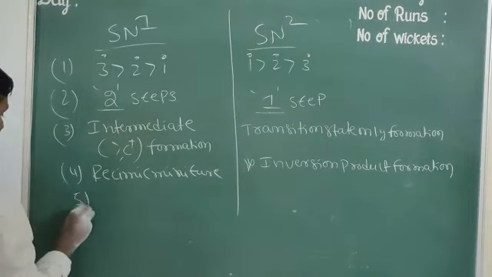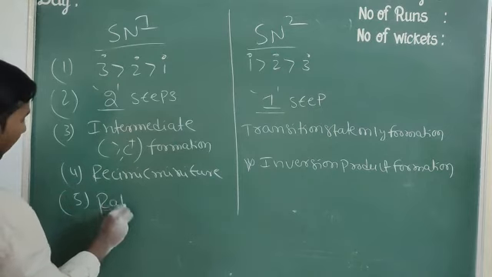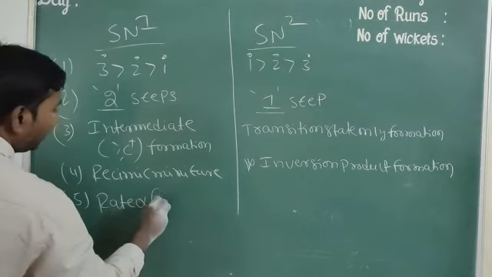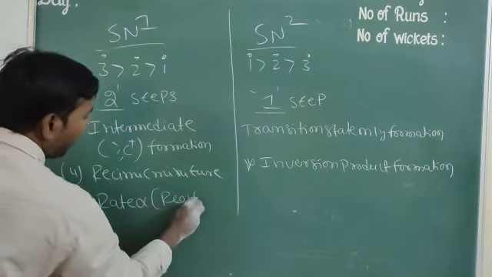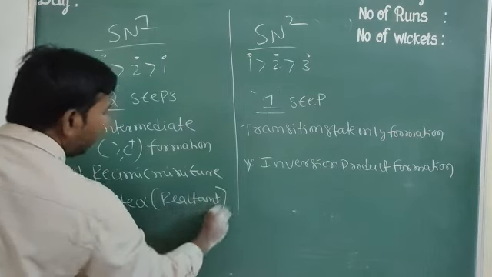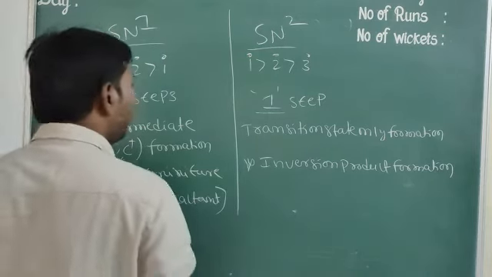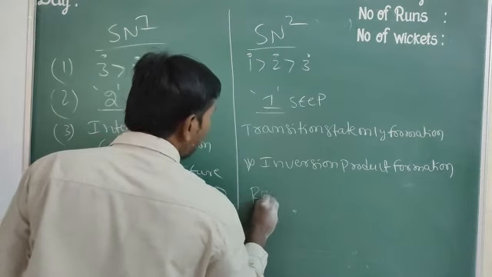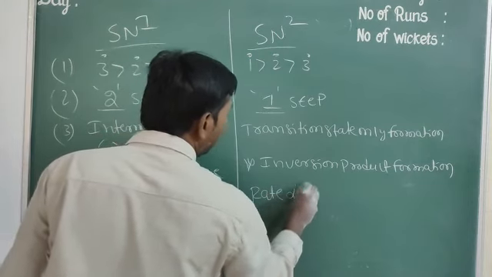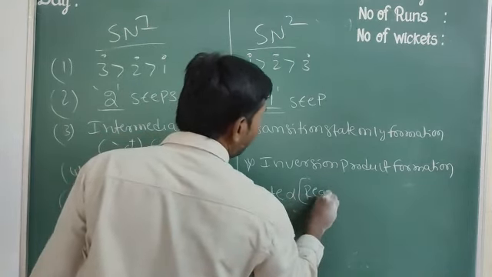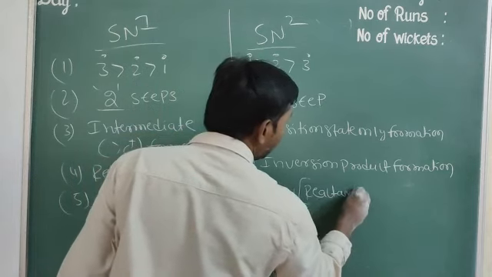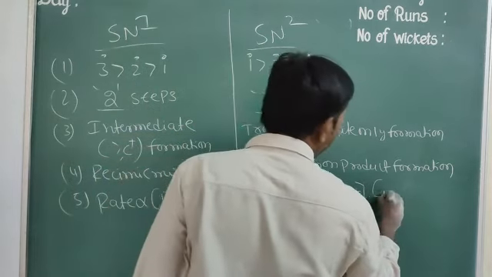In SN1, the rate depends only on the substrate or reactant concentration. In SN2, the rate depends on the reactant concentration as well as the nucleophile concentration.